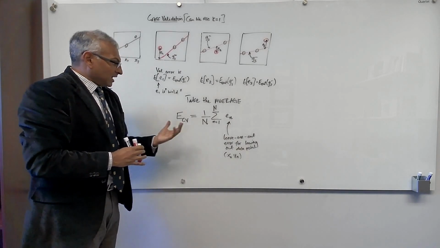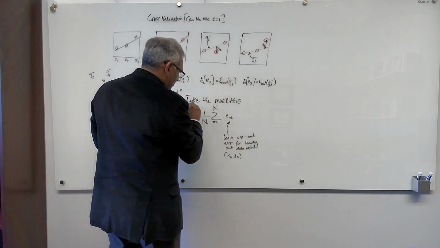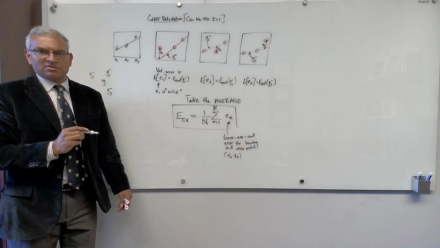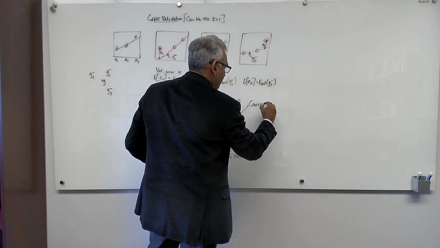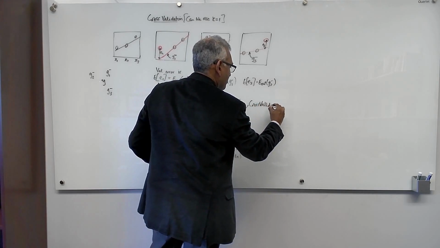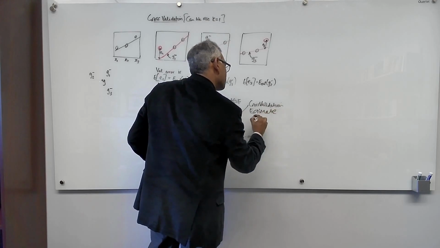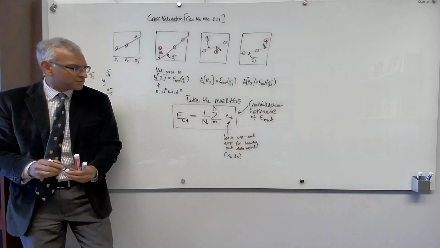And I just get all the leave one out errors and average them. So that is my cross-validation estimate of E out. Sometimes it's called the leave one out error for this reason.